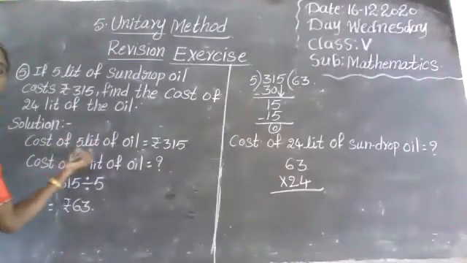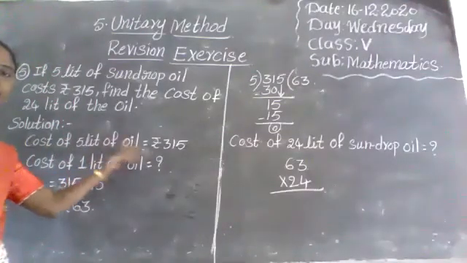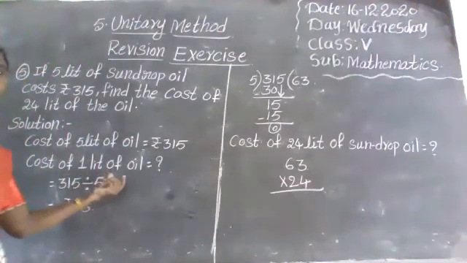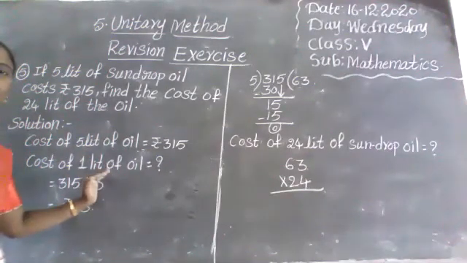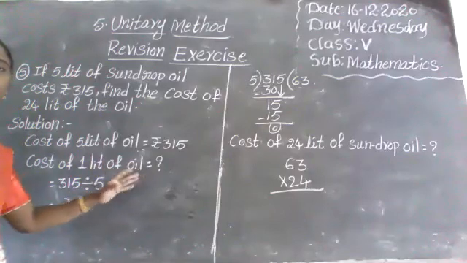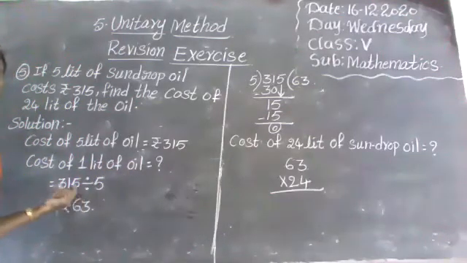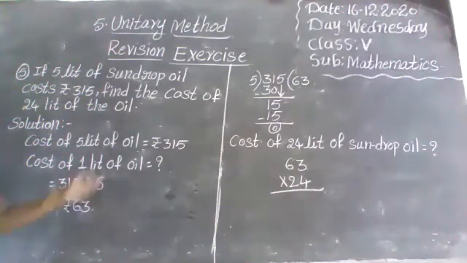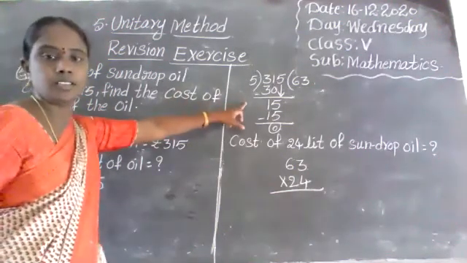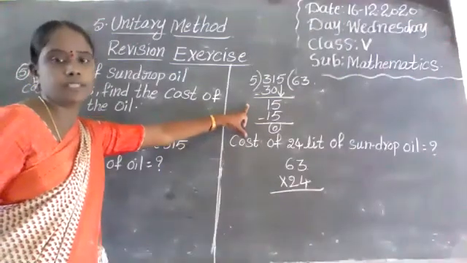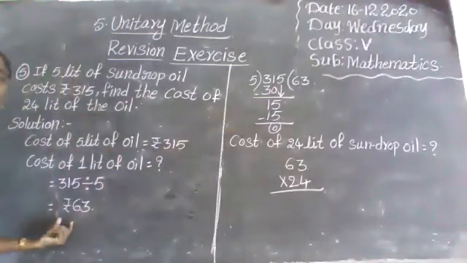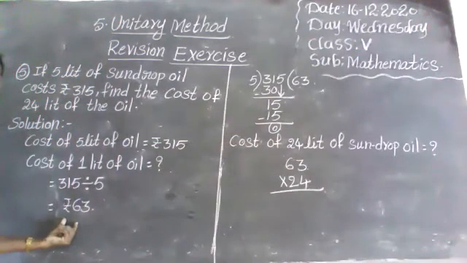First, the cost of 5 liters of oil, we have to write in the first step. Next, the cost of 1 liter of oil. What do we do? Do division. 315 divided by 5. We get the answer 63. That 63 is the cost of 1 liter of oil.